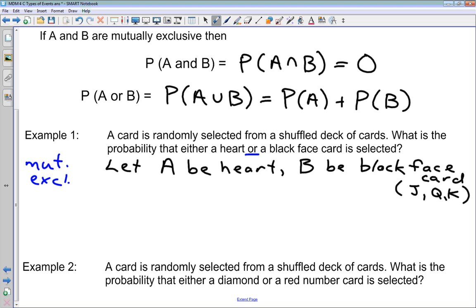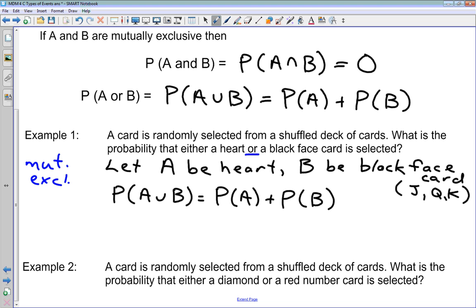Okay. So our probability, this thing that we're trying to find, the probability of A or B, A union B, is going to be the probability of A plus the probability of B. So if we're picking one card from this shuffled deck here, we know that in all of these cases, the number of things in our sample space is going to be 52.